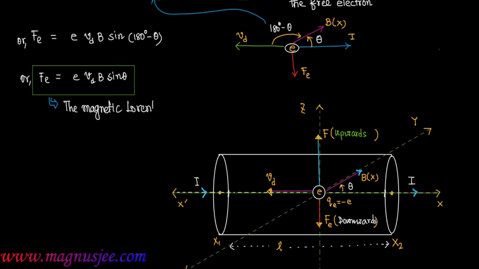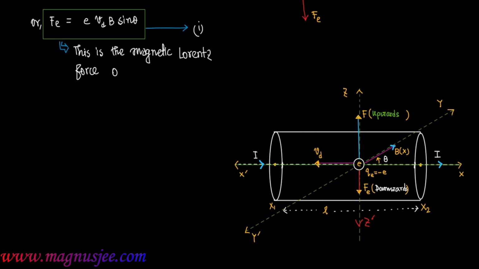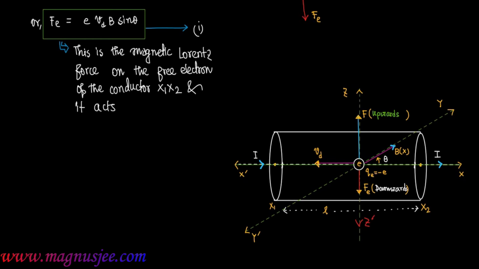This is the magnetic Lorentz force on the free electron of the conductor X1 X2, and it acts downwards, that is along negative z-axis.